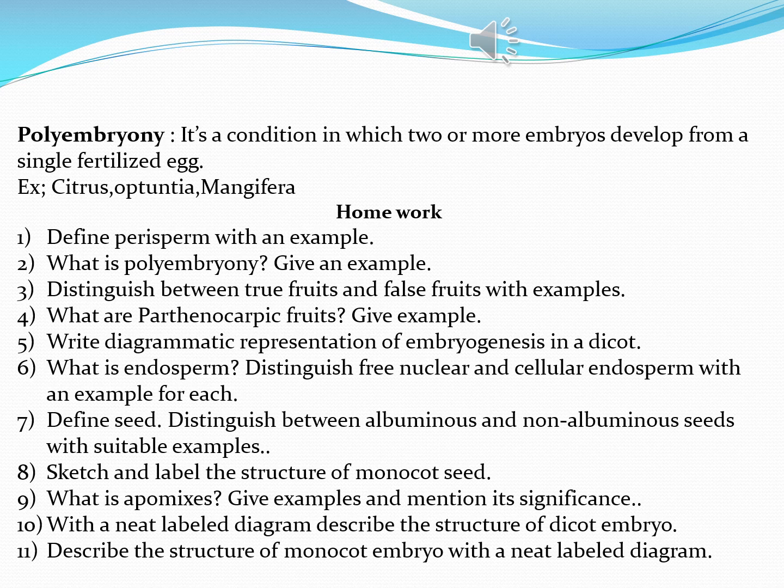The last part of this chapter is homework. We are giving some important questions on this topic. First, define perisperm with an example. Second, what is polyembryony? Give an example. Third, distinguish between true fruits and false fruits with examples. Next, what are parthenocarpic fruits?